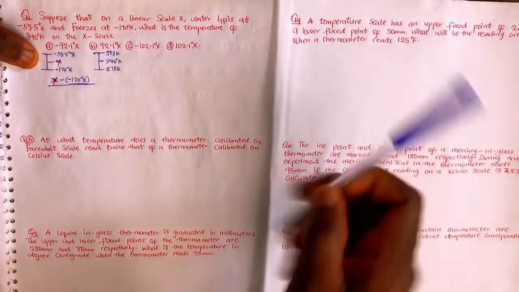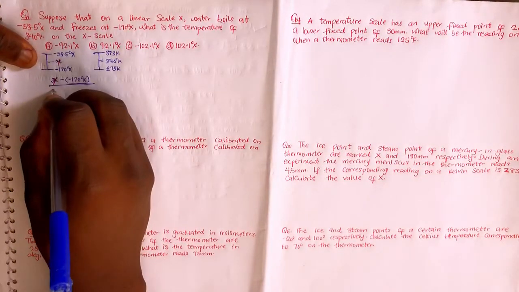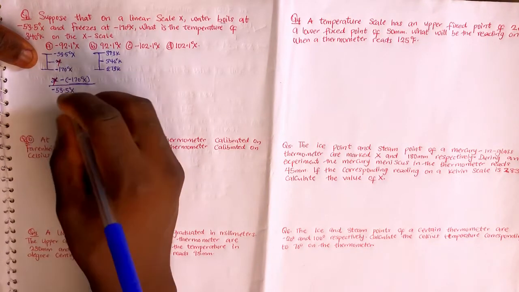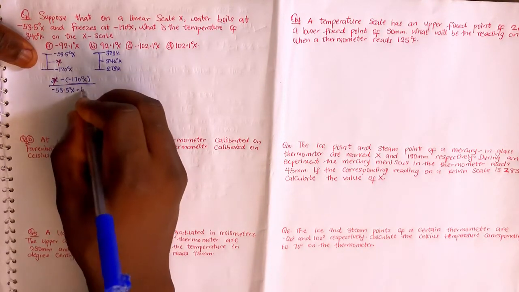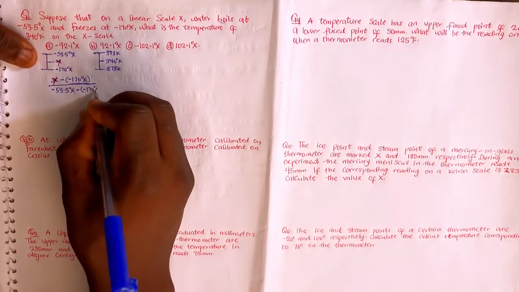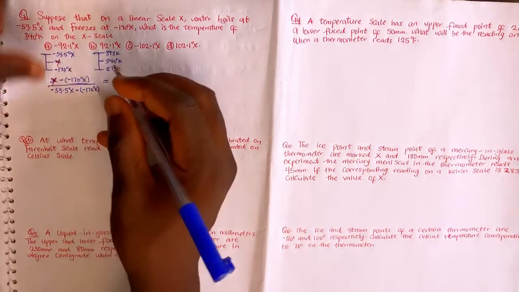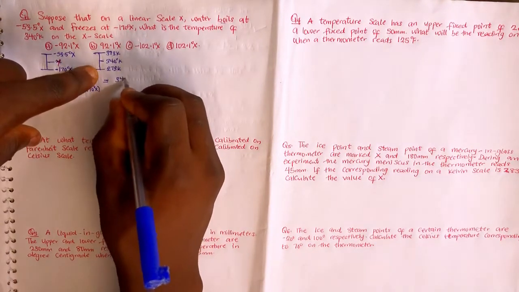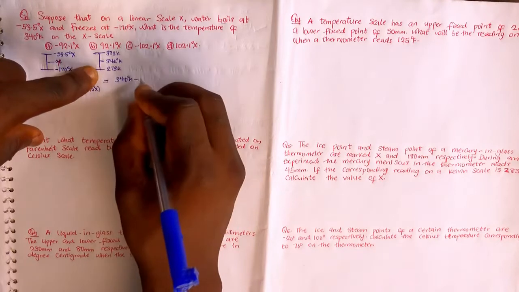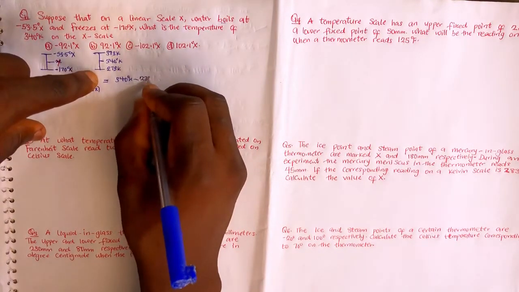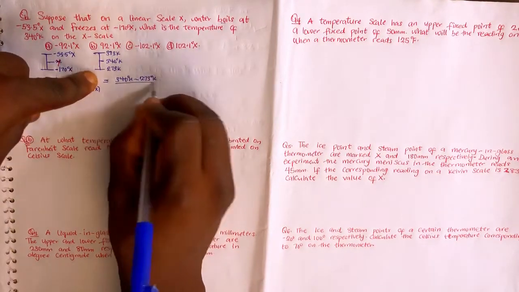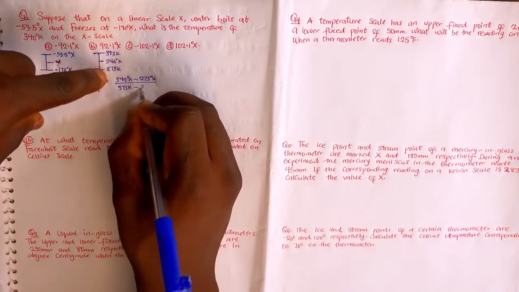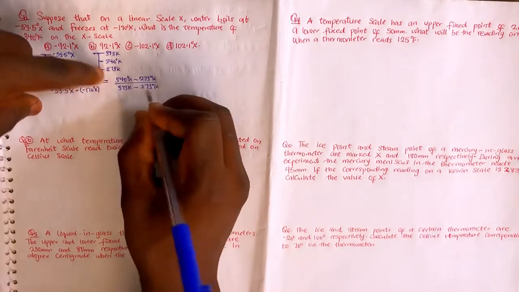Now you take this, minus 53.5 degree x, subtract from the lower fixed one, that's minus into bracket minus 170 degree x. Then you equate it to the fundamental interval, 340 degree Kelvin minus the lower fixed one, which is 273 degree Kelvin, divided by the upper one, 373 Kelvin minus the lower one, 273 degree Kelvin. Can you see this now?